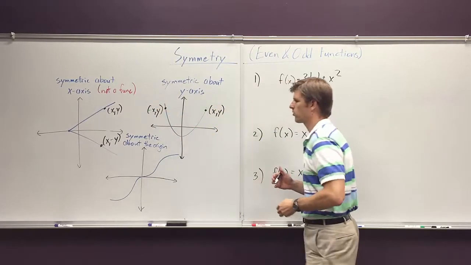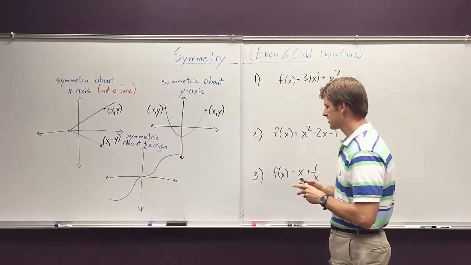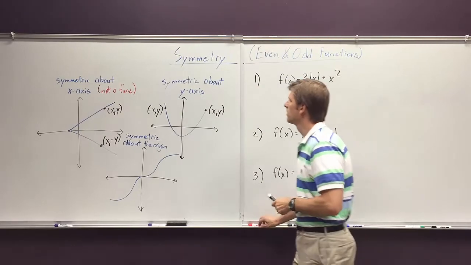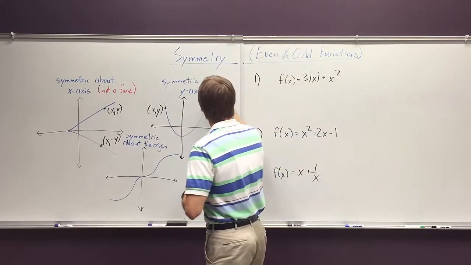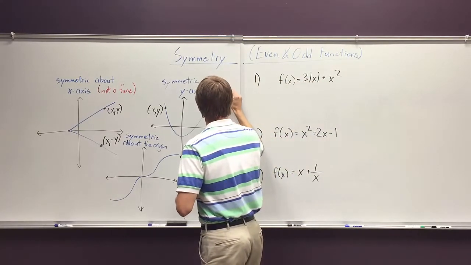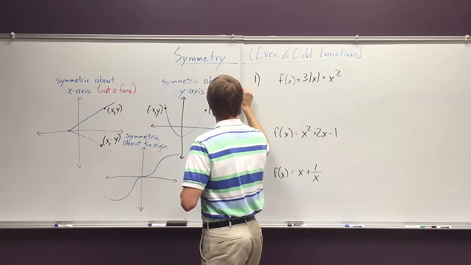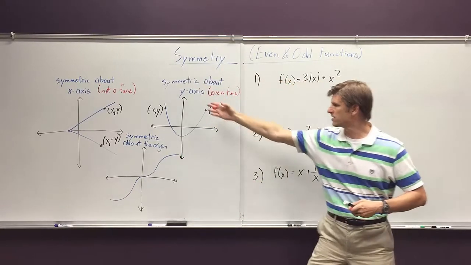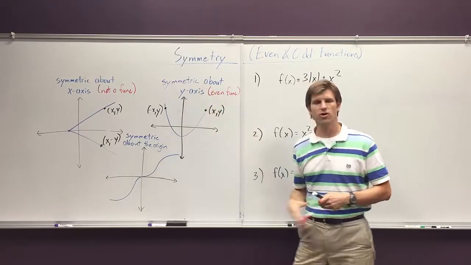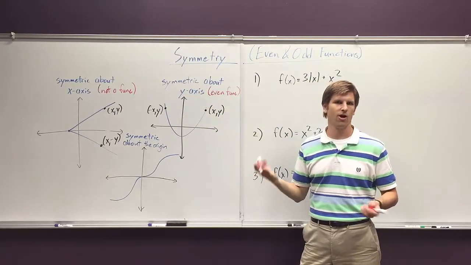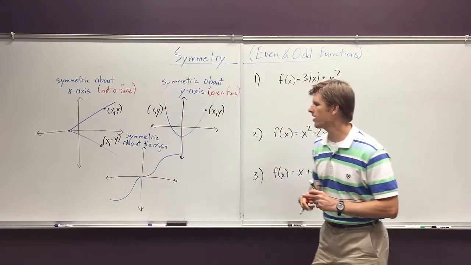So it works both ways. This is what we call an even function. So if it's a graph of a function that's symmetric about the y-axis, we call it even. We'll talk a little bit later about why.